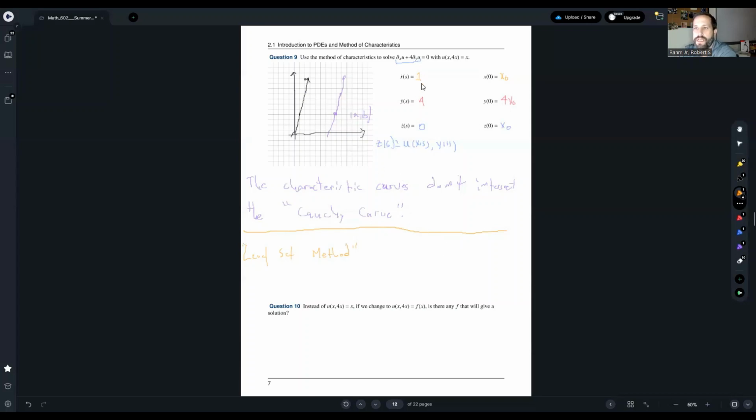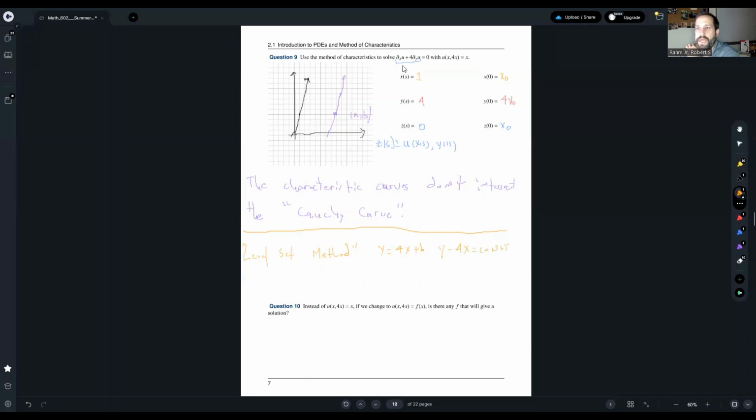Well, the characteristics are given by this equation right here, which is parallel to the vector (1, 4). So the level sets are going to be the lines y is equal to 4x plus b, or in other words, the sets where y minus 4x is equal to a constant.